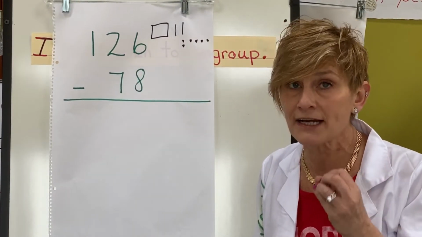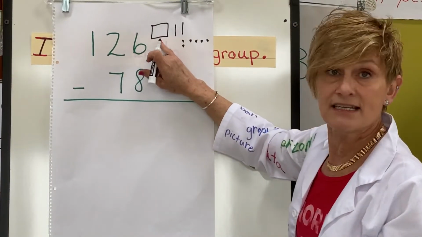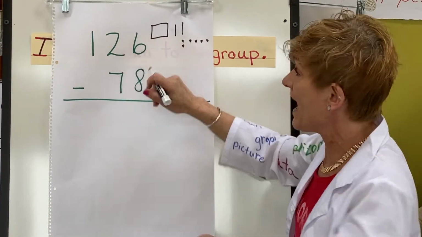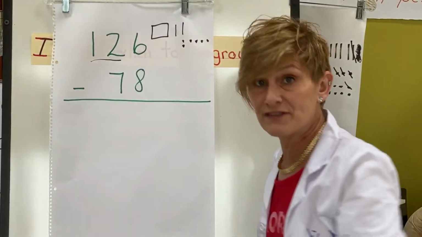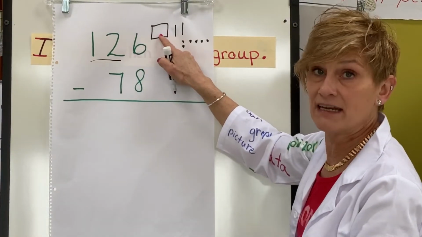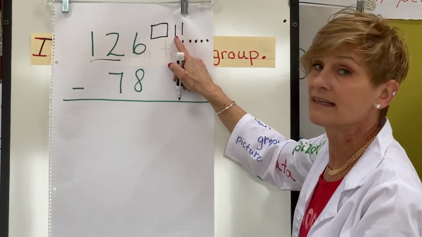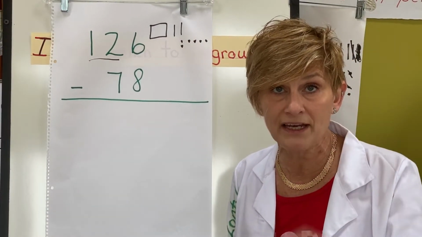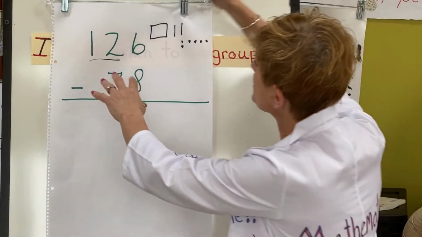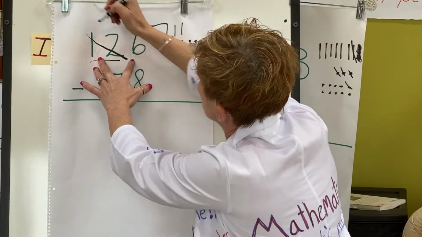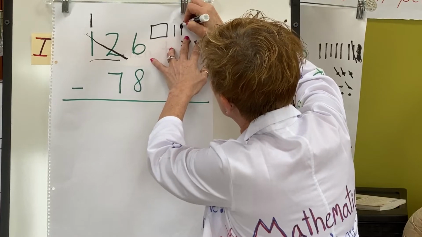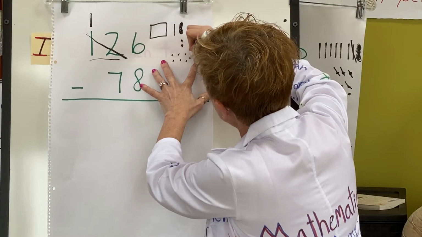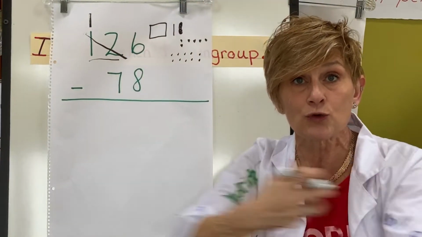Now friends, we've talked about this. That 100 doesn't just sit there by itself. It really does have 10 tens in it. So I actually have 12 tens. I have these 10 in my 100 plus these 2 tens. That would be 12 tens. If I ungrouped one of those tens, I would then have still my 100, but this one, 1, 2, 3, 4, 5, 6, 7, 8, 9, 10, I ungrouped it.